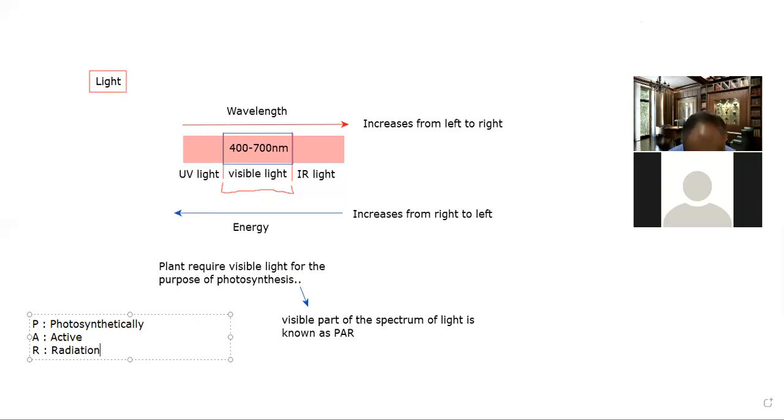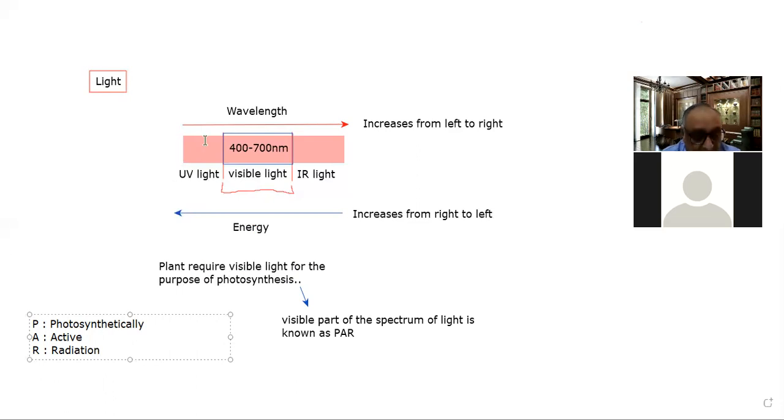Now on this side, towards the ultraviolet part, there is the UV radiation, which is called the ultraviolet radiation.